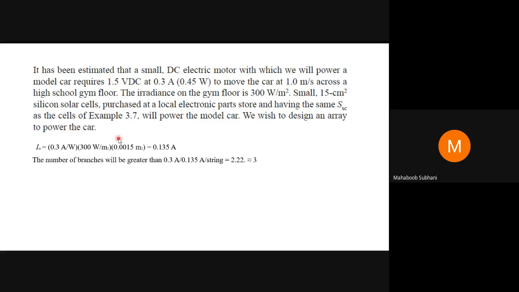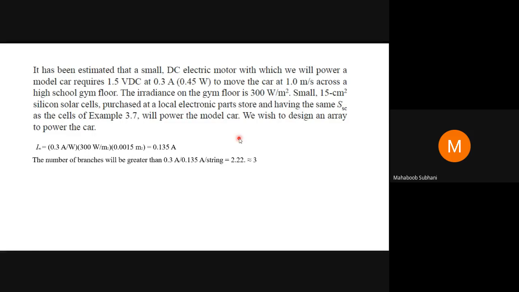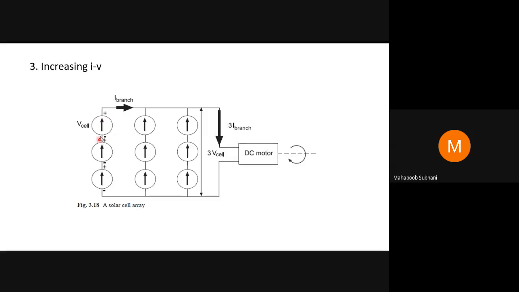We also know the voltage was rounded off to 3, so the voltage will be the same for all these 3 strings. If you multiply 3 into 3, that is 9 cells. So 1, 2, 3, and if you connect them in parallel, we get 9 cells.